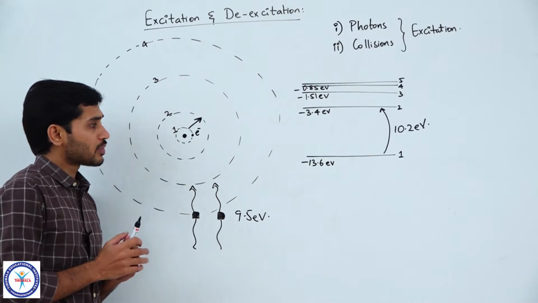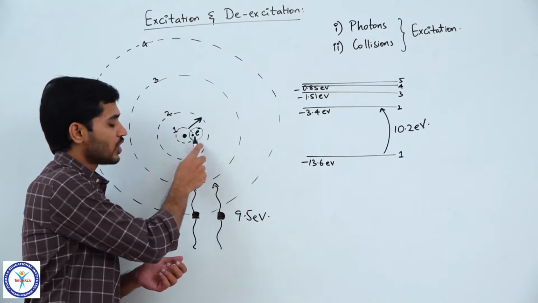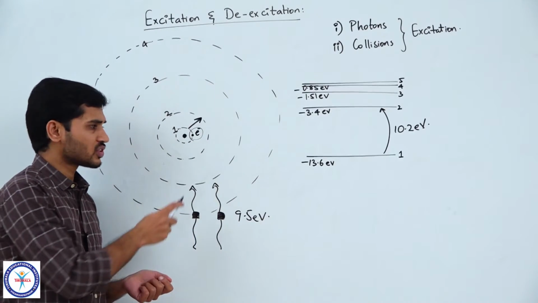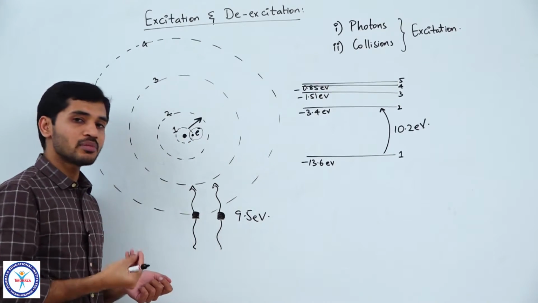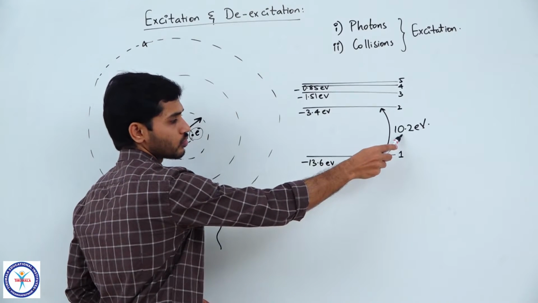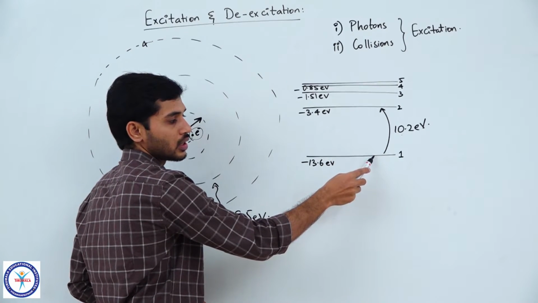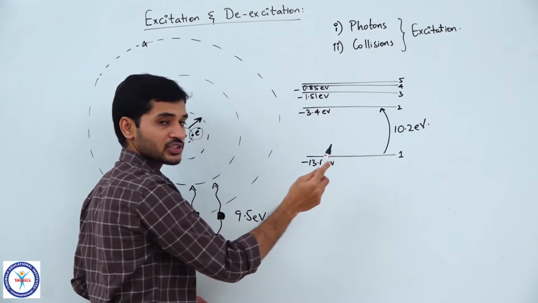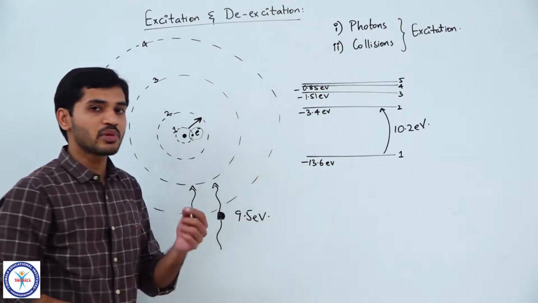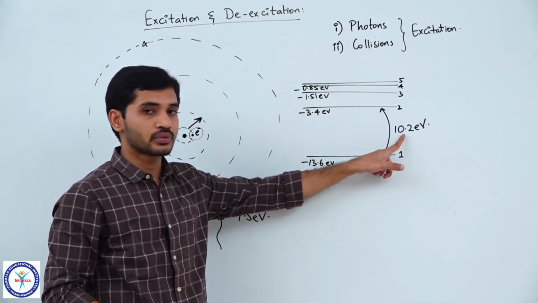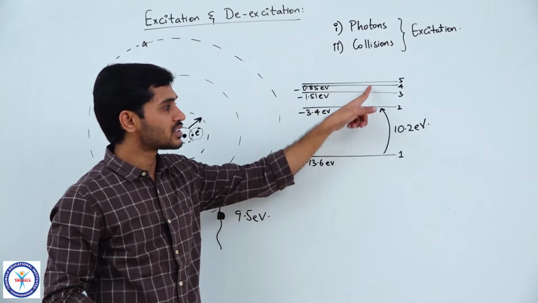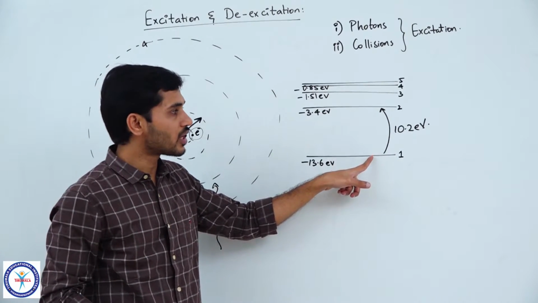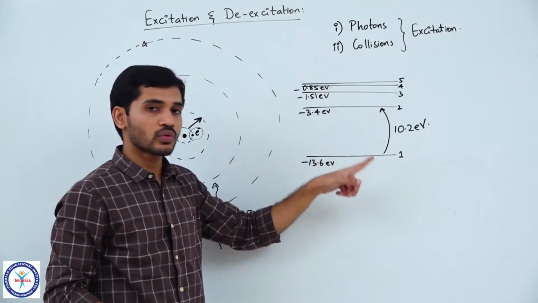Here, this electron will not absorb this photon, because this electron needs a minimum of 10.2 electron volts to get released from this state and move to some other state. The minimum energy that it requires is 10.2, and all the other transitions, from 1 to 3 or 1 to 4 or 1 to 5, require more energy.